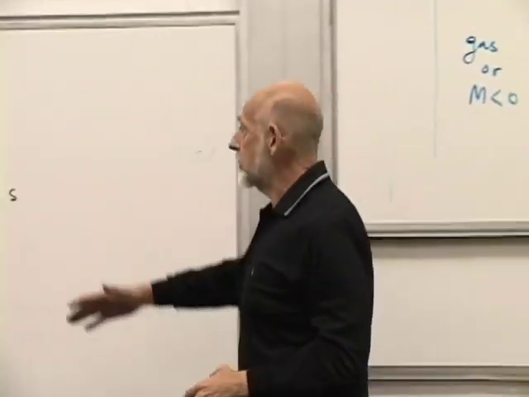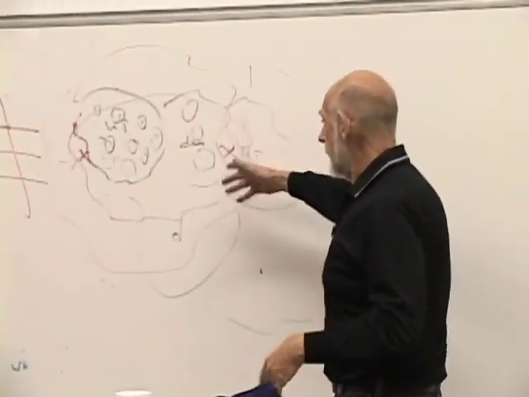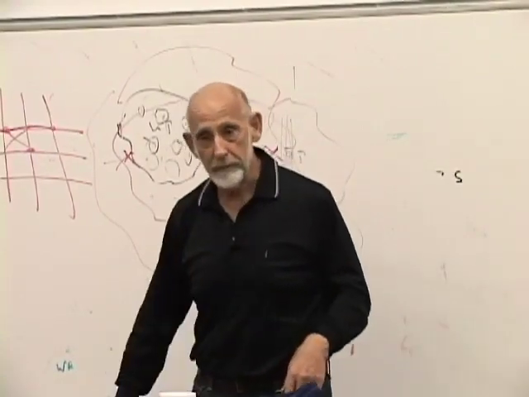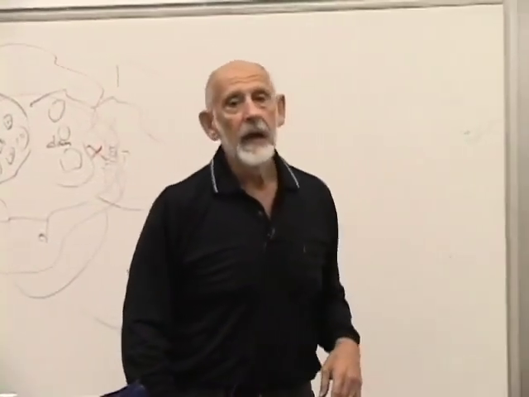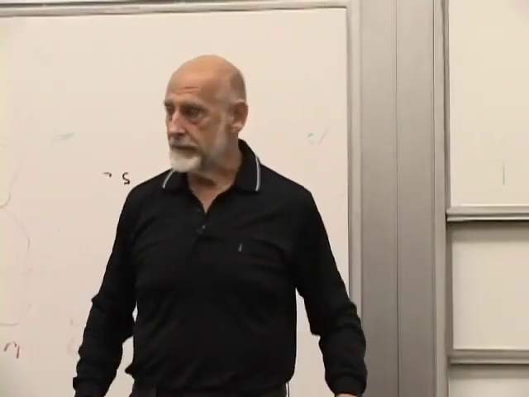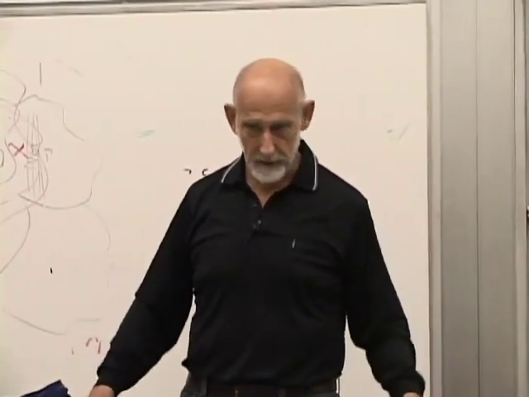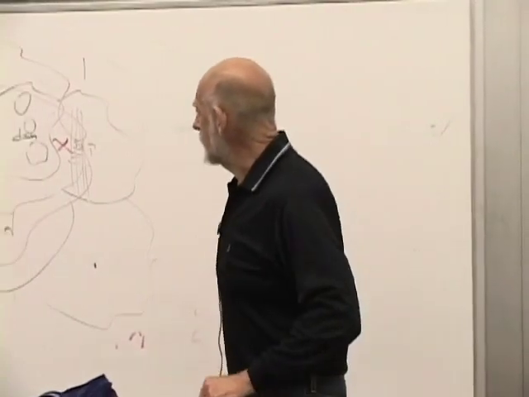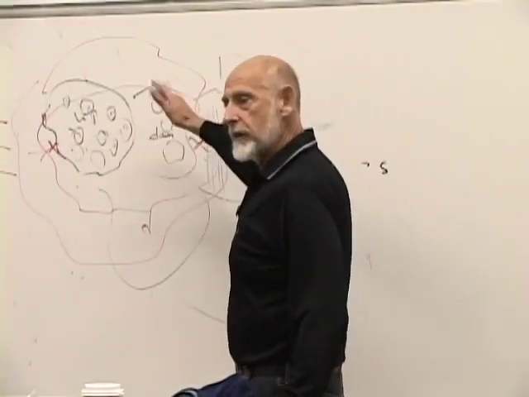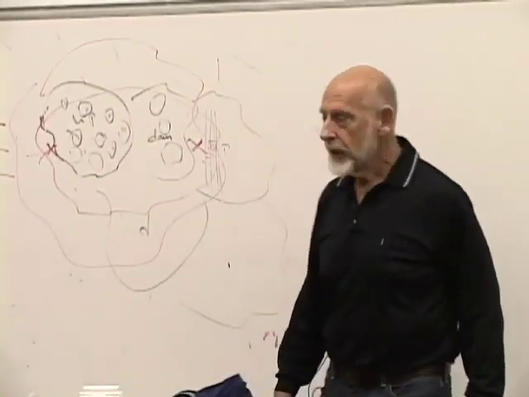What happens is exactly this. Blobs of every length scale form, and the effect is that it scatters light. Light passing through it will be scattered at every wavelength. Every wavelength will be scattered pretty much the same way as every other wavelength.